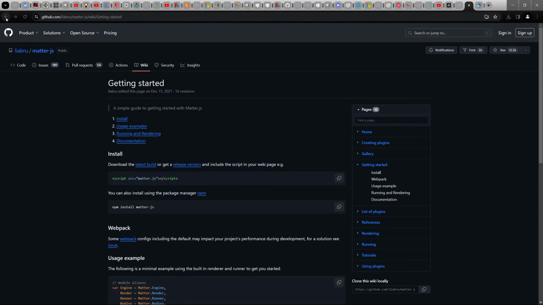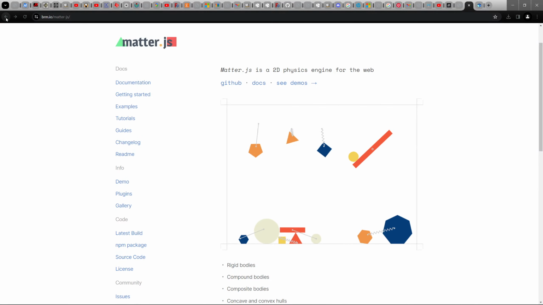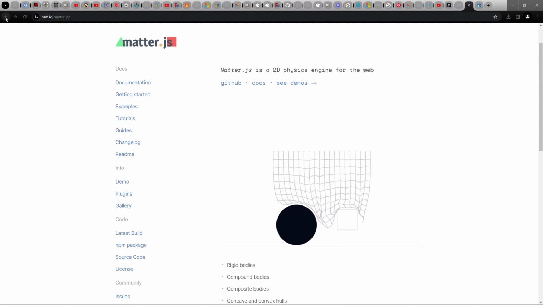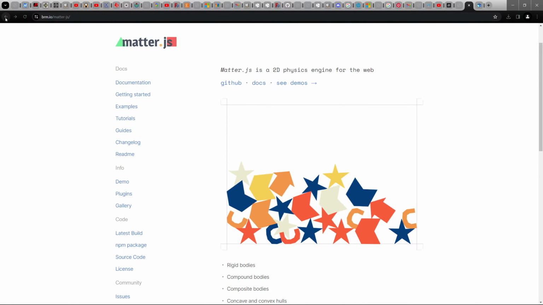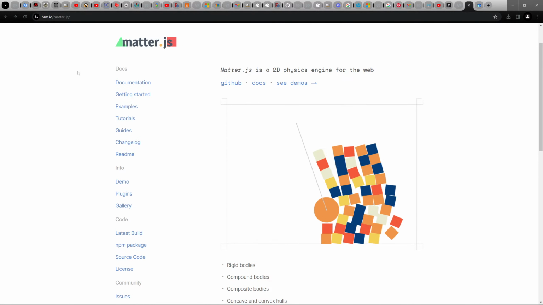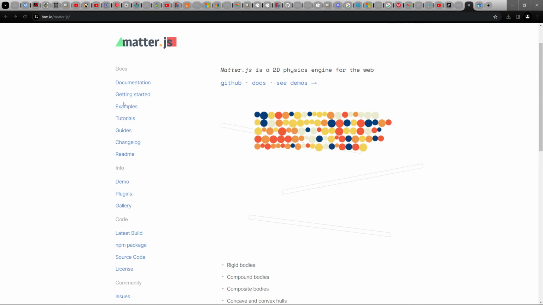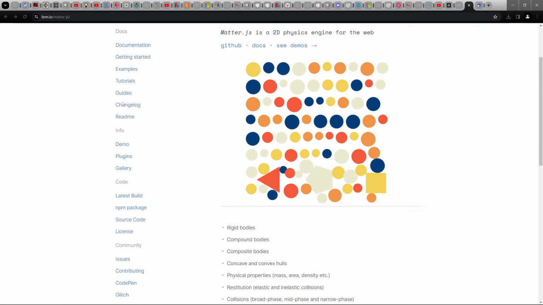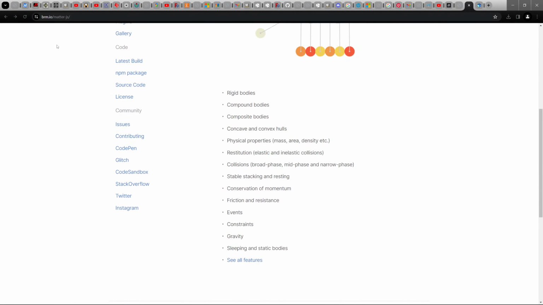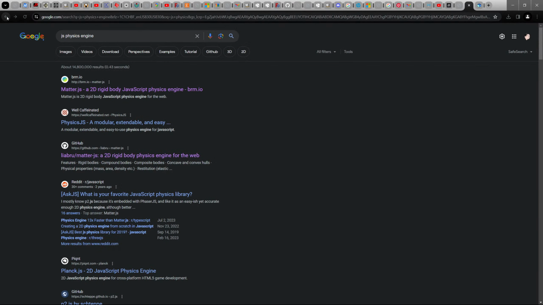Let's see if there's anything simpler. I mean, this is pretty nice. I can't deny that. Yeah, it's quite nice. P2JS?